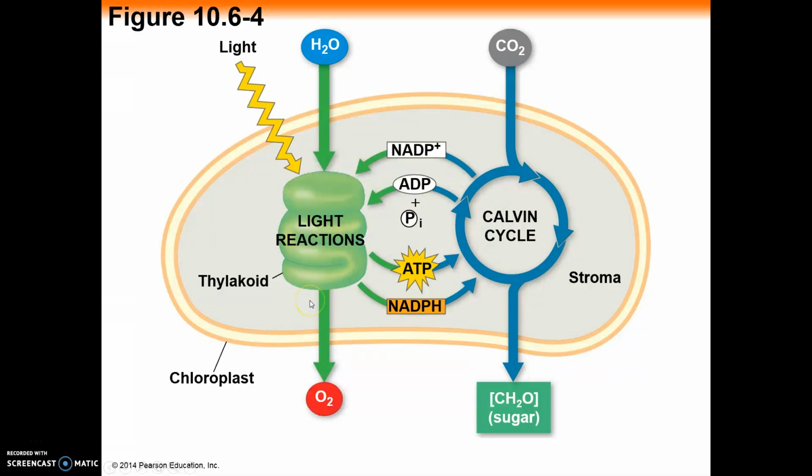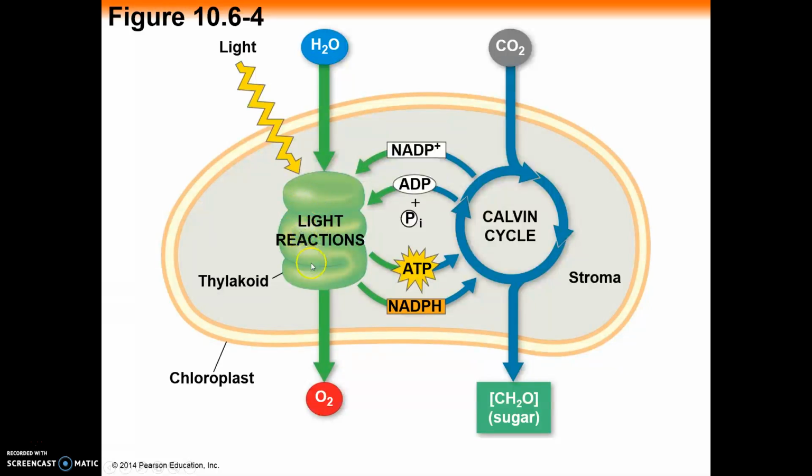Now, this is the figure that you need to know and understand. I'm going to give you a lot of details here very rapidly. This is what I want you to know and memorize. So here we have light shining into the thylakoids of chloroplasts.